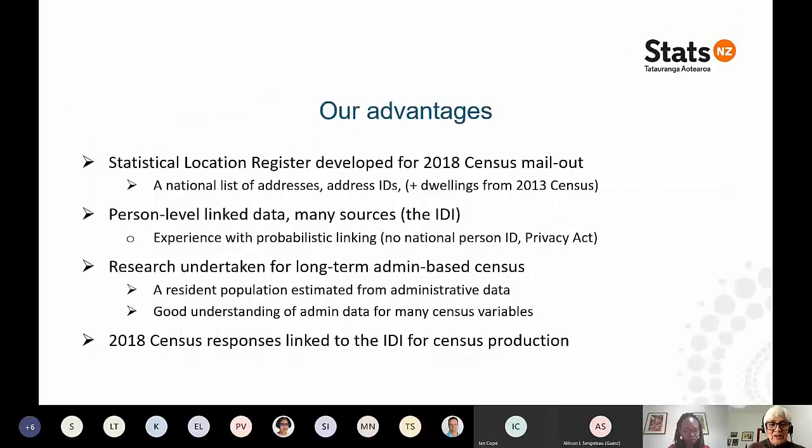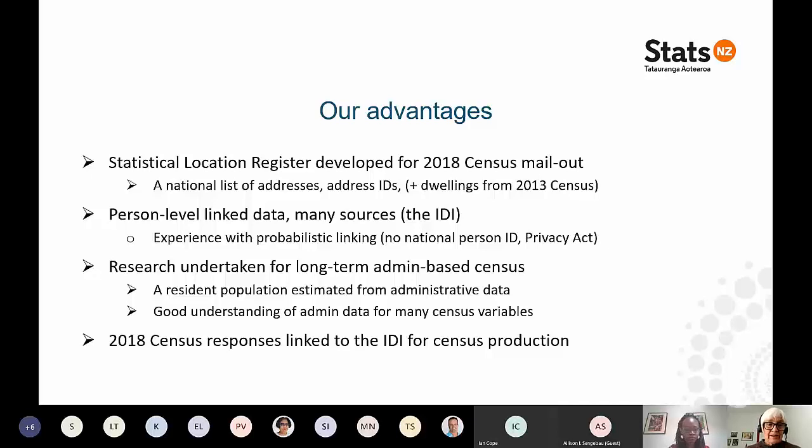So we had some advantages. We had to develop this for the 2018 census very quickly, but we had a pretty good starting point. We had developed a statistical location register for the mail out of the 2018 census. That gave us a national list of addresses and address IDs, and we were linking address information from administrative sources to those address IDs.